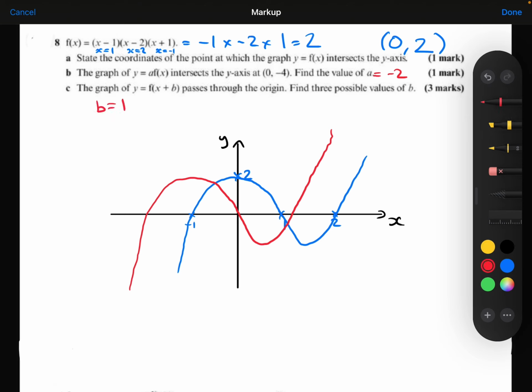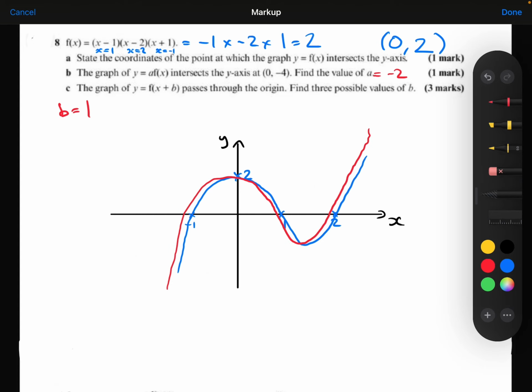If it moves 1 square in the negative direction, then that is like me saying y equals f of (x plus 1). So b would be 1 in that instance. That's one possible answer to make this graph go through the origin. It's not the only one.